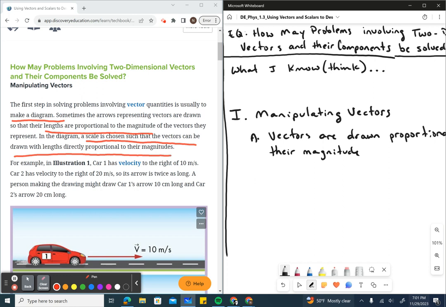Okay. Diagrams are helpful. Diagrams are useful. Okay.